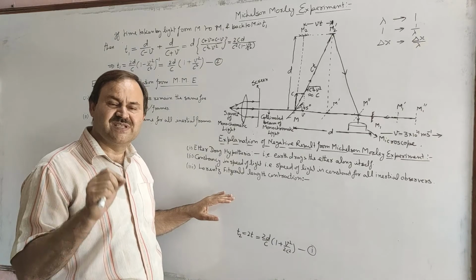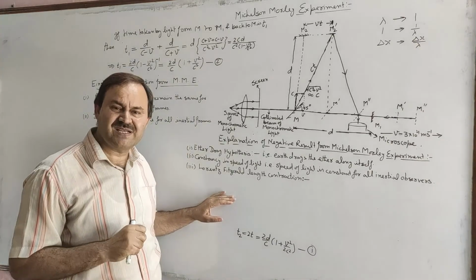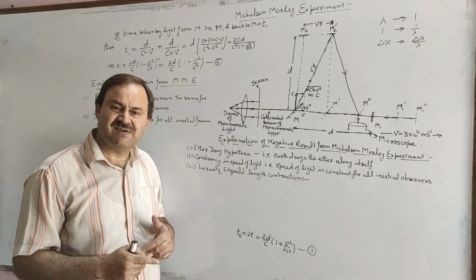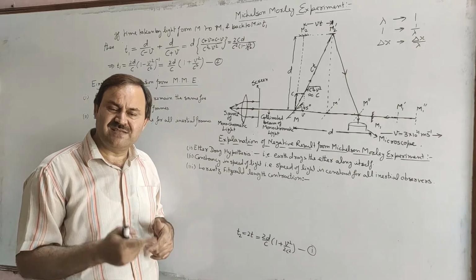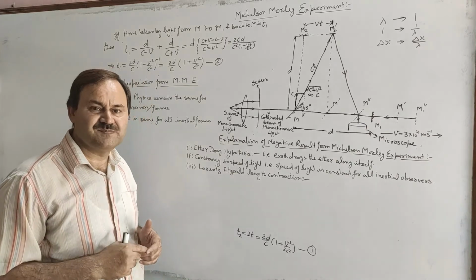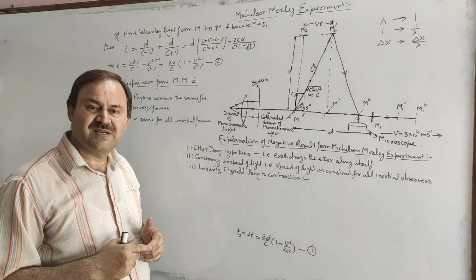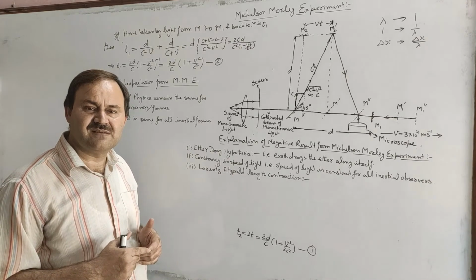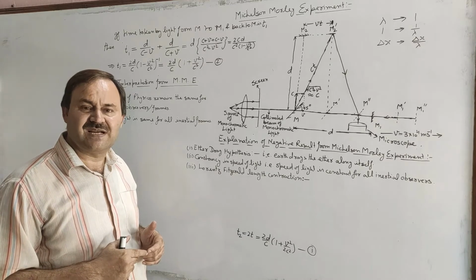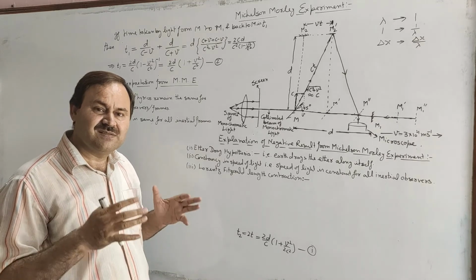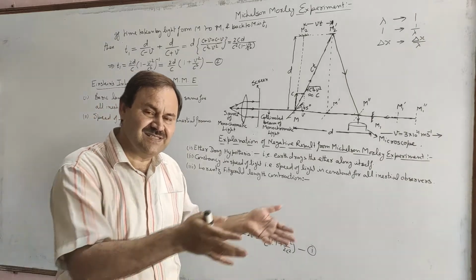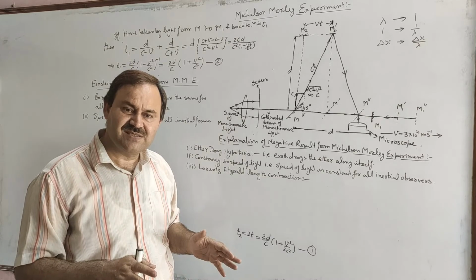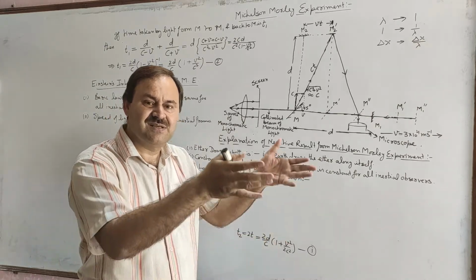Even though the result of the Michelson-Morley experiment was negative, this negative result was explained by scientists in their own way. The first explanation for the negative result was the ether drag hypothesis. It means the scientists assumed that the earth is carrying the ether with it. It means ether is not stationary, it is moving with earth.